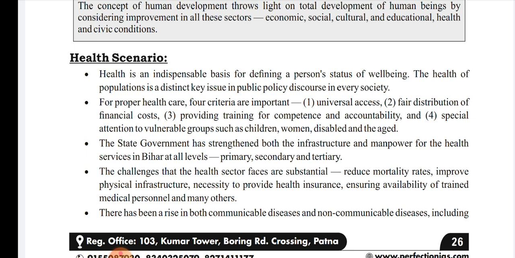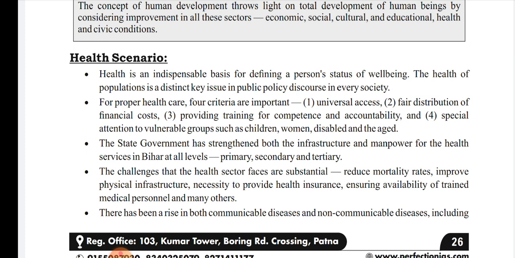If health services are not available to each and every one, if a person somewhere at the corner of a village in Bihar does not have access to basic health care, then that is a place where the government fails. So universal access is very basic for health.